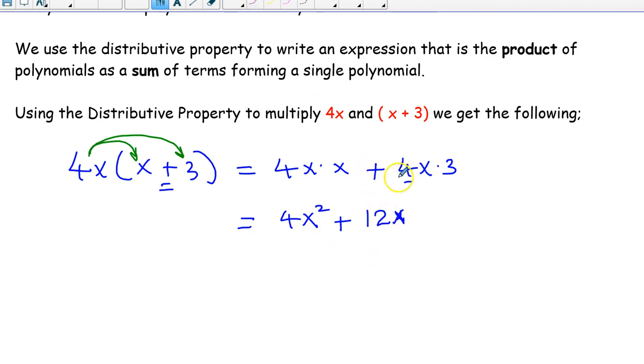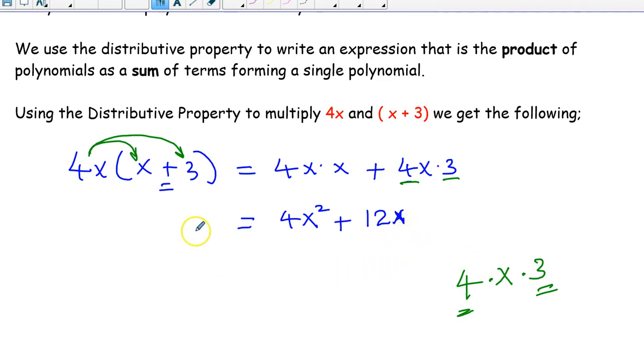Let me clarify here. How did you get 4x times 3 is equal to 12x? 4x is 4 times x, again times 3. So multiply the numerical factors first. 4 times 3 is 12 and x is a variable that just follows, 12x, right?